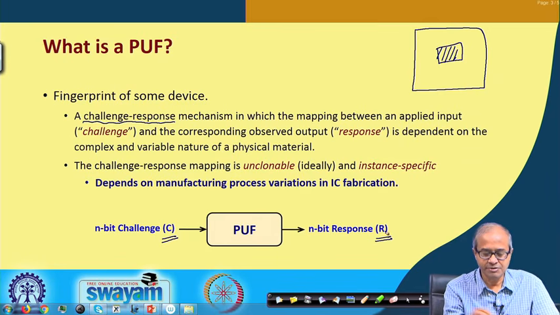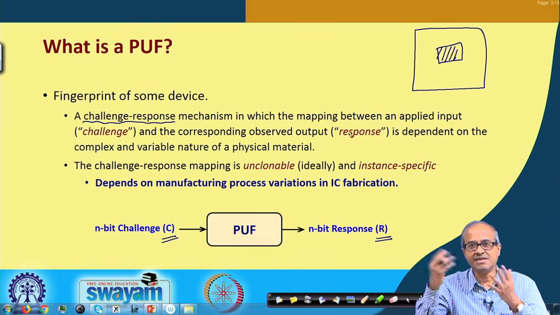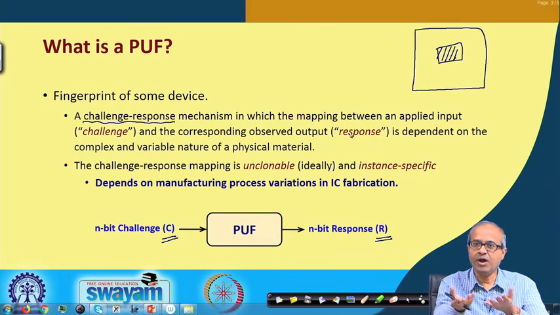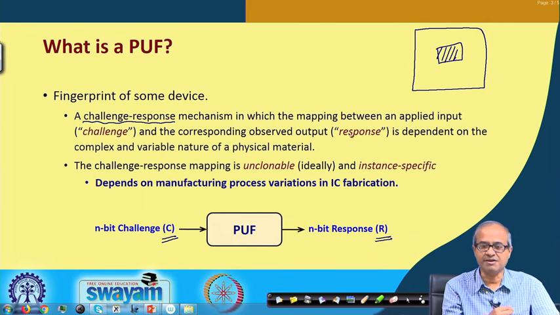So, this PUF defines a mapping between this challenge and this response, and the idea is that for this PUF the challenge response pair is unique. If I design another IC chip where maybe the same kind of PUF I am building, the challenge response properties will be different. So, challenge response will be something like a fingerprint of that particular device.